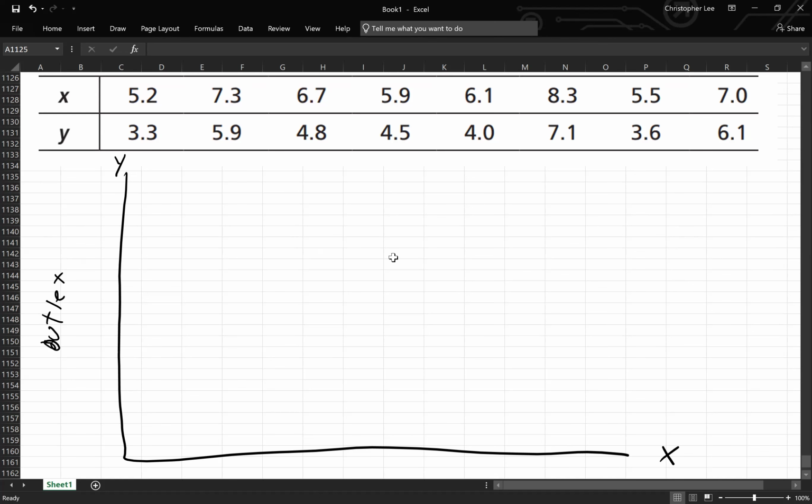So I'm looking at my X values here. Let's see, 5.2, 7.3. What I'm trying to figure out is what is the biggest number there? My biggest number there is 8.3, right? 8.3. So that means I have to get to 8.3, maybe a little bit bigger than 8.3, but I have to get to something like 8.3.